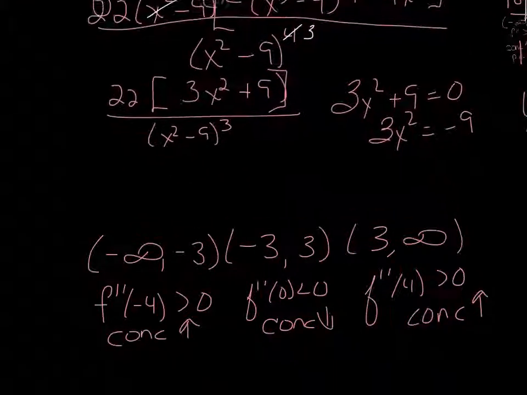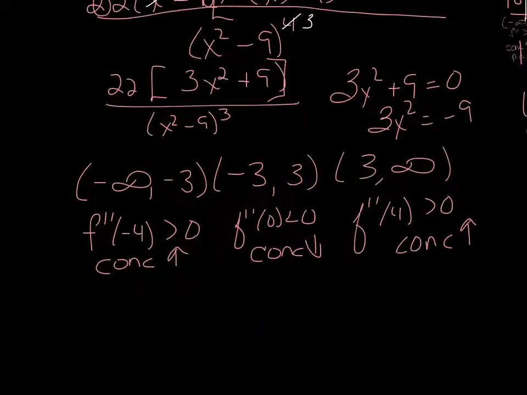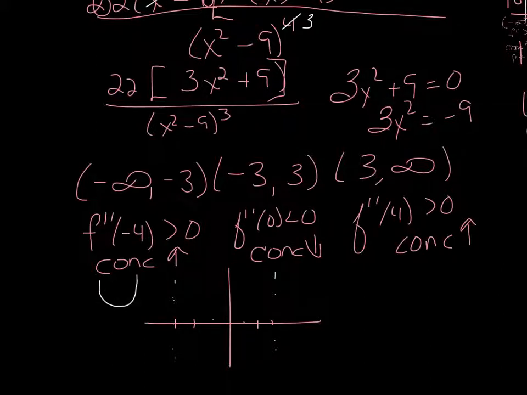Okay, so if we were going to think about this graph, you already told me that at negative 3 and positive 3, we're probably going to have asymptotes. Now, we could get more detailed information, but if we're concave up over here, it's probably going to look something like this.